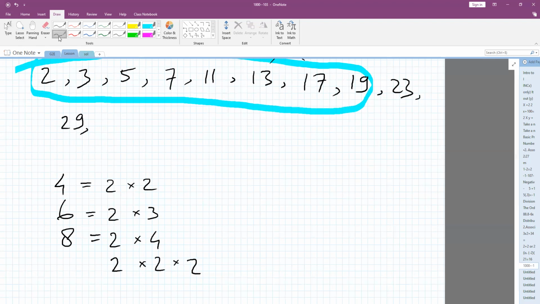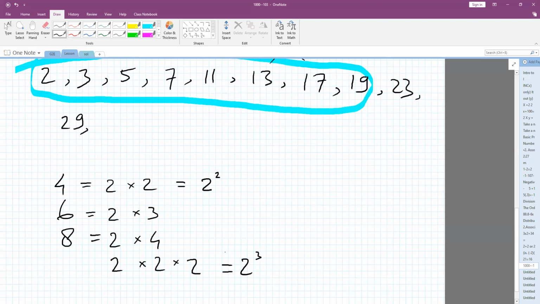So what I want to show you here is, if you have 4, this is 2 times 2, or you can write it as 2 to the power of 2. And this number 8 is 2 times 4, or 2 times 2 times 2, that gives us 2 to the power of 3.